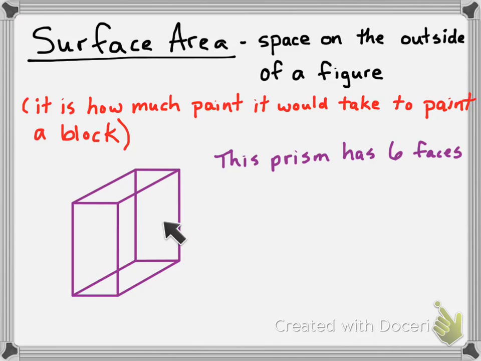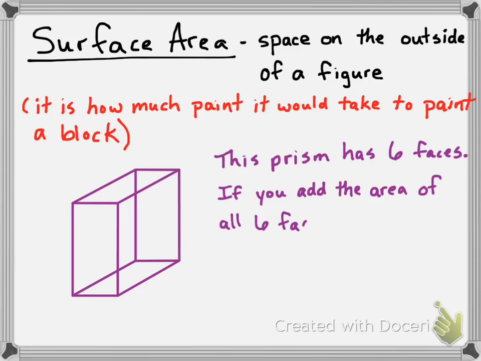So if I knew the space or the area of all the faces, then wouldn't that be the amount of surface area this figure has? So one way to do this is just to find the area of all the faces and add them together.